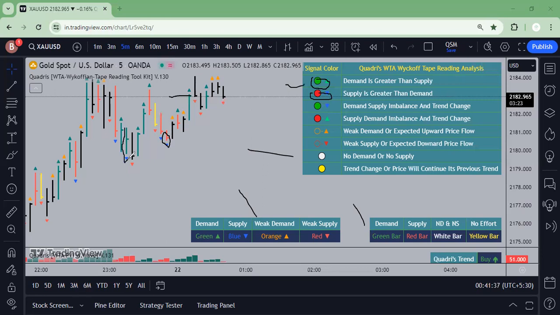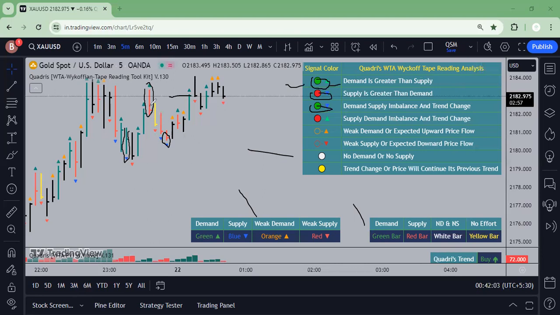Then a red candle with a green triangle. Whenever this situation occurs, what Wyckoffian analysis comes into play as for tape reading is that demand is greater than supply.